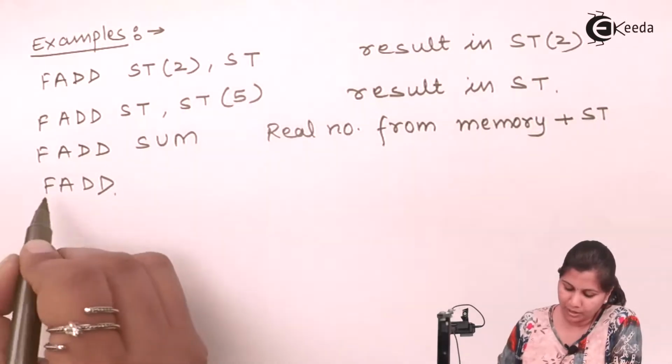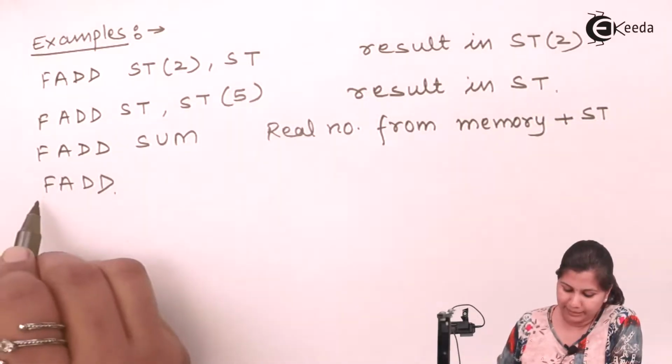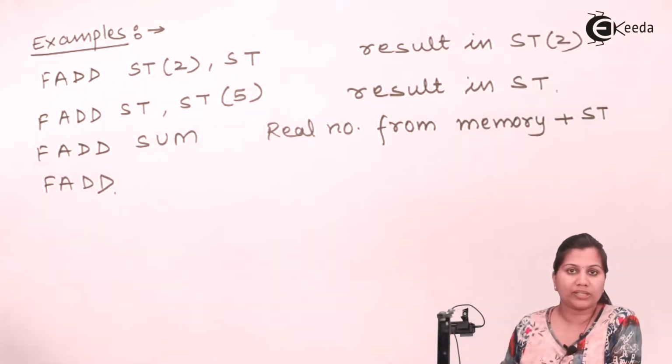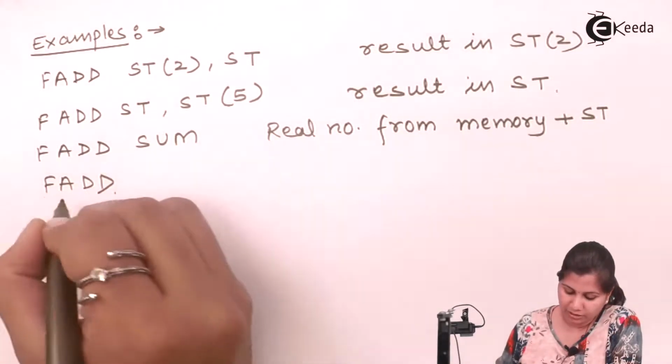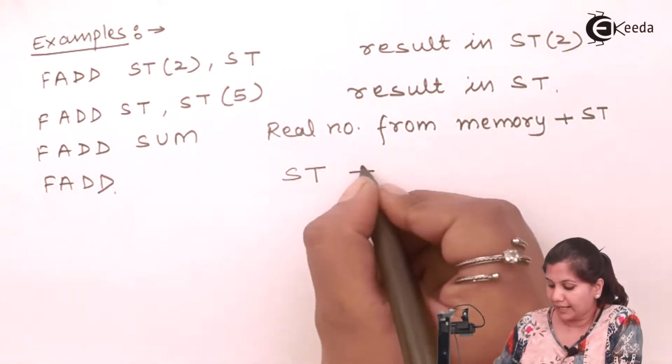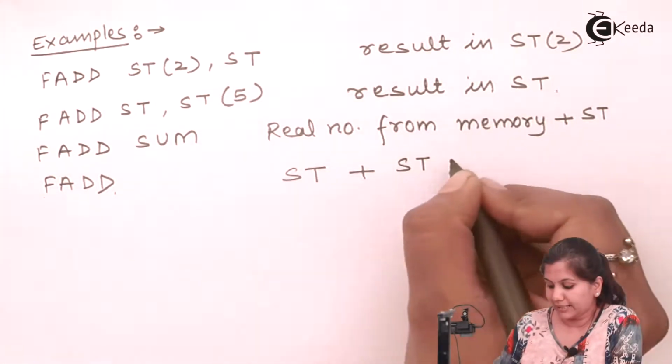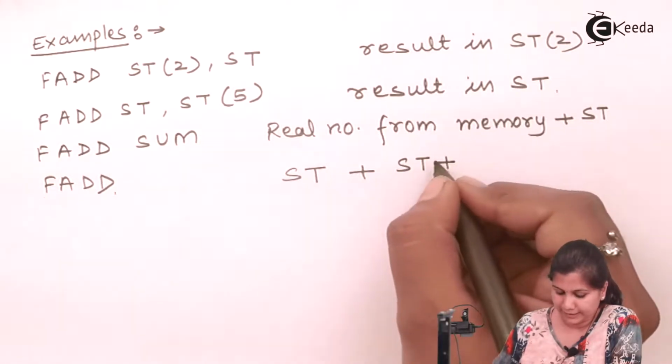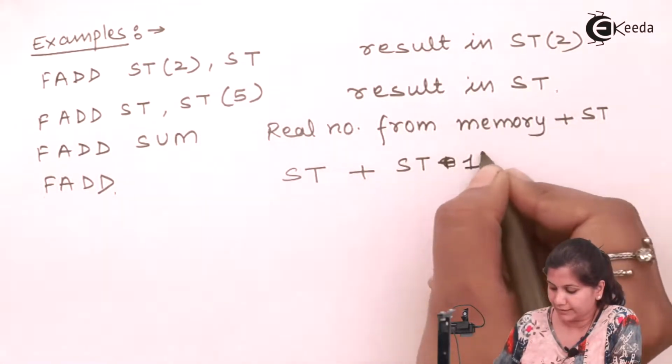Okay. Now, in the last example, FADD, both source and destination are not specified. So when they are not specified, then the top of the stack is added with the next stack element, that is ST1 we can say.